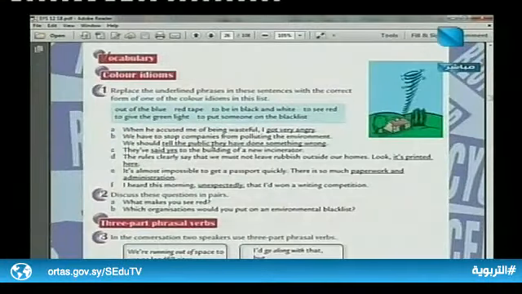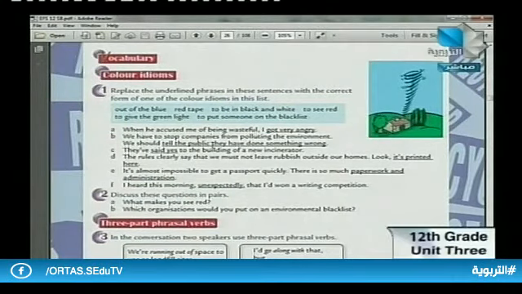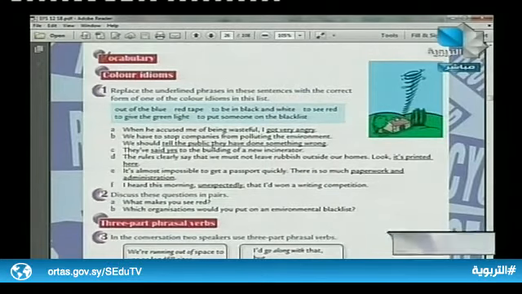We have a number of expressions or idioms, and these idioms contain colors. That's why we call them color idioms, because they consist of words which refer to colors.